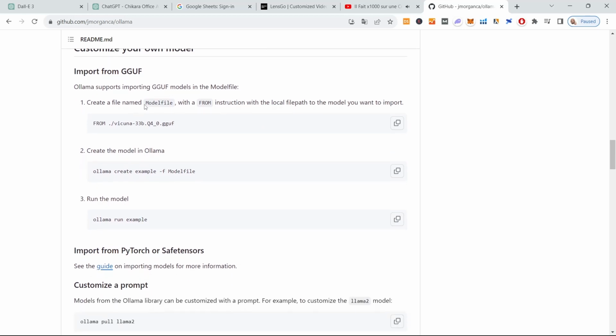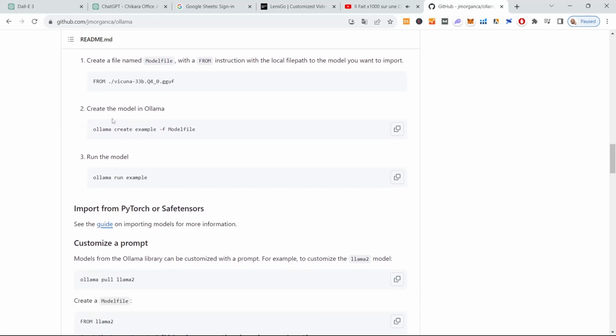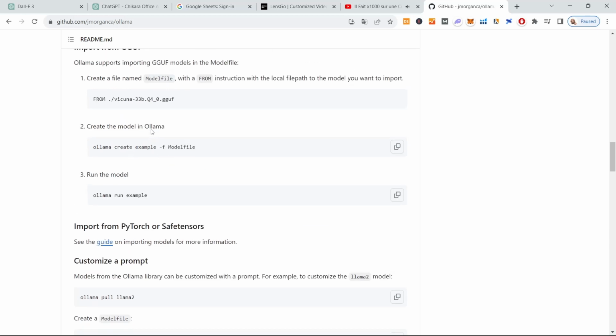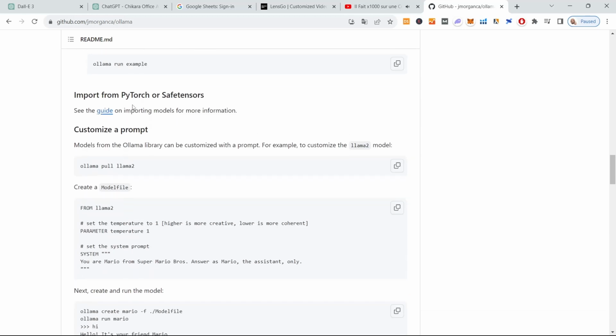So you will see later on that there's a way to personalize and have your own agent running. So creating a personalized model with some instructions.